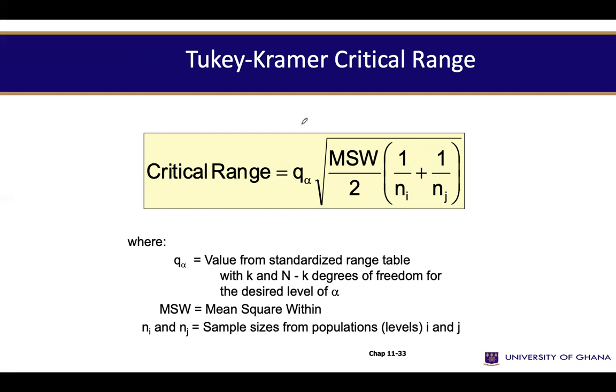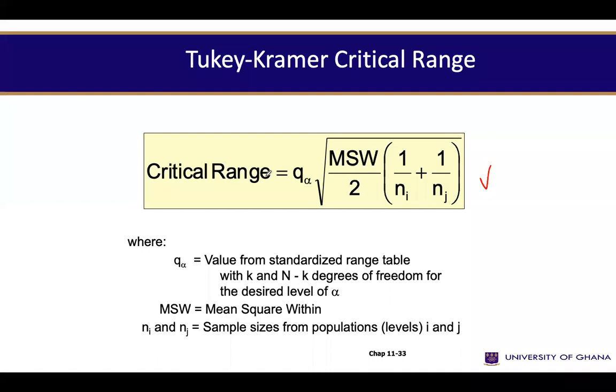And that critical range is going to be obtained from this relation that we have. This is the relation that you can take as a test statistic that you are calculating.